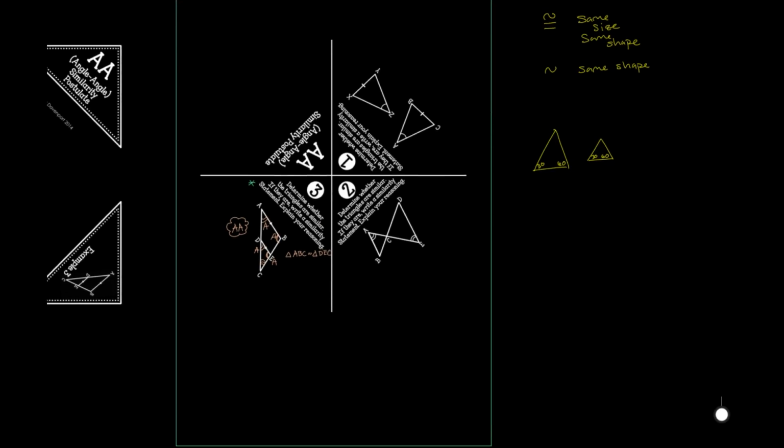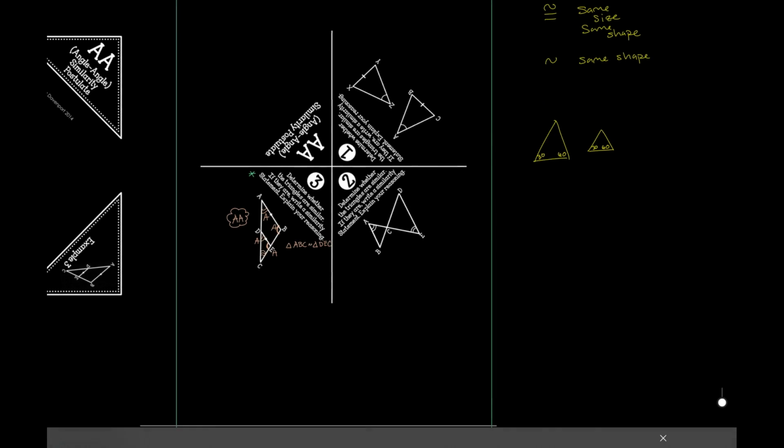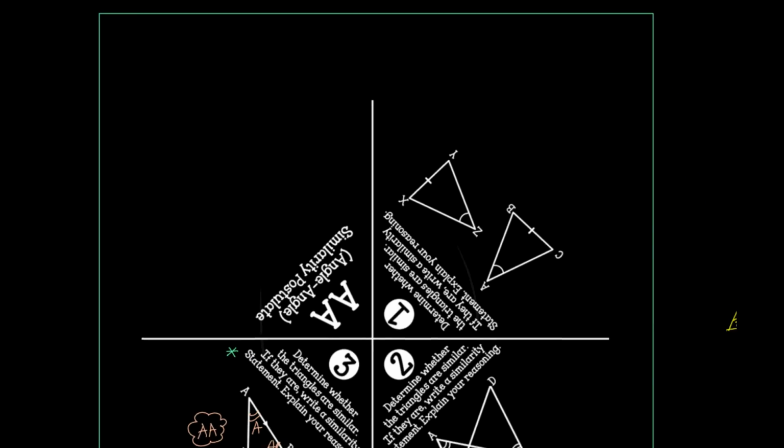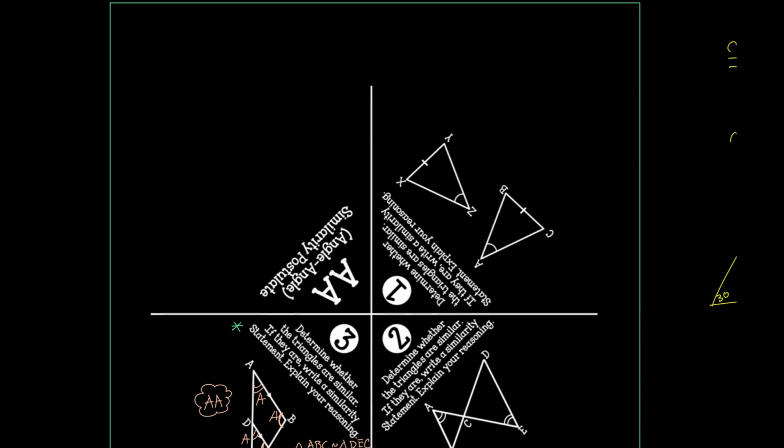So if this is our page, you need enough room at the top to write page 37, and that this is similarity postulates.